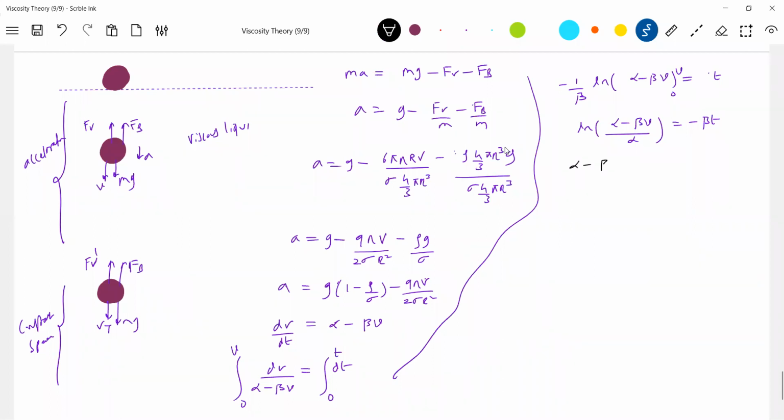I'll send log to that side, so it will become e to the power of minus beta t. So v is equal to alpha by beta, 1 minus e to the power of minus beta t. What is alpha? Alpha will be g.